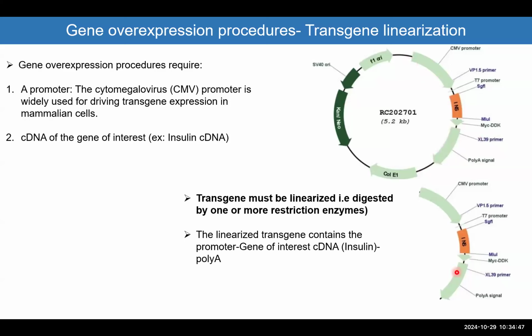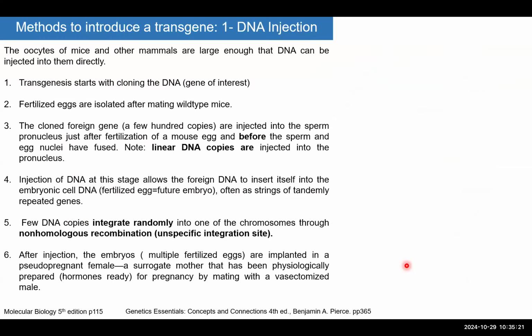Exactly like I told you in assignment number 2, the last question, which restriction enzymes you would use. Definitely you will have the sequence from this to there, and your restriction enzymes should not cut anywhere in between. It should be cutting only here and there. And now you will have your gene linearized. You will purify it, and then you can inject it. So this is one of the steps we need in transgenesis, in the injection procedure.